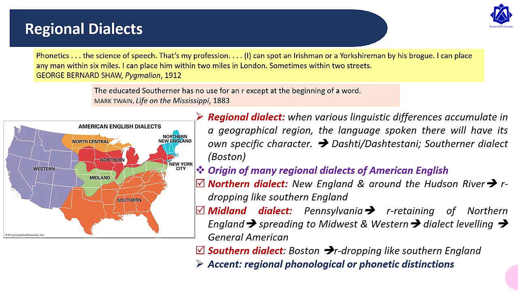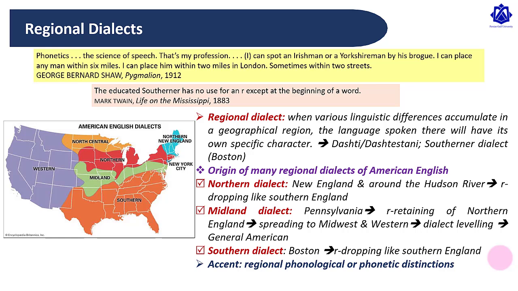The origin of many regional dialects of American English is from England, and the place from which they have come to the United States would show itself in the way they are using forms.